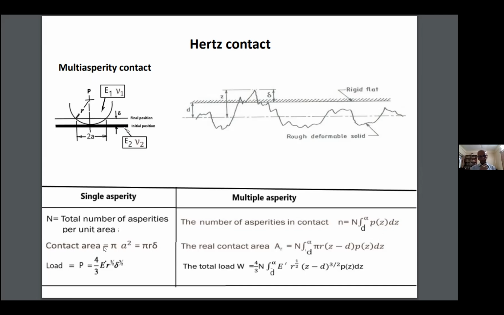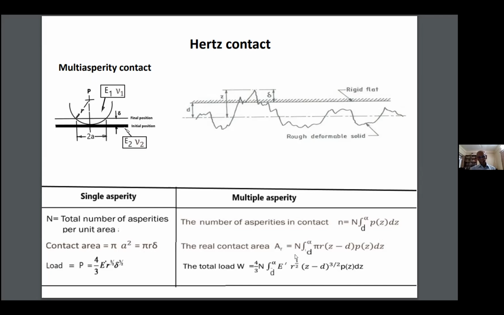Now, area of contact for a single asperity, as we have said before, is pi a squared. And hence, we have taken empirically that a squared is R delta. So it is pi R delta. So the real contact area again is the contact area between the flat plate and the rough surface. That depends on how many asperities it has deformed and to what extent it has deformed.